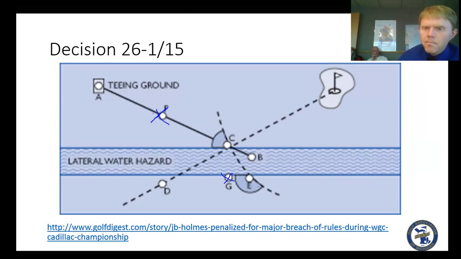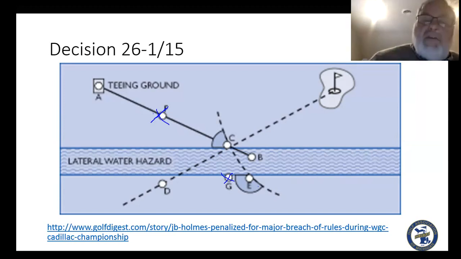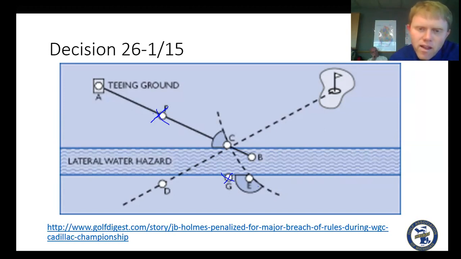Kyle, you're saying that on a red line, red water line, lateral hazard, he can do D? Yep. That's the flag line back from where he last crossed the margin of the water hazard, lateral water hazard.